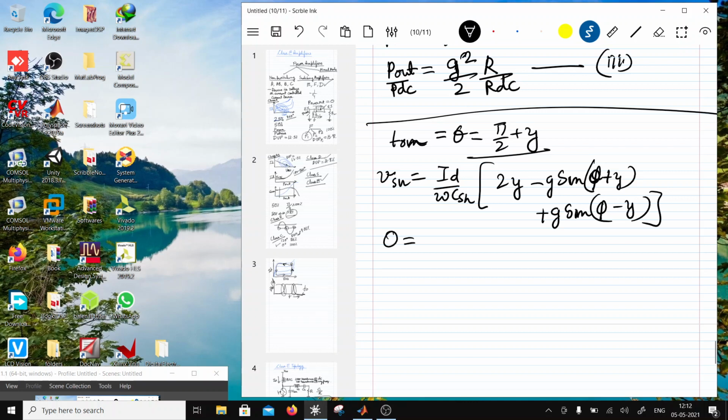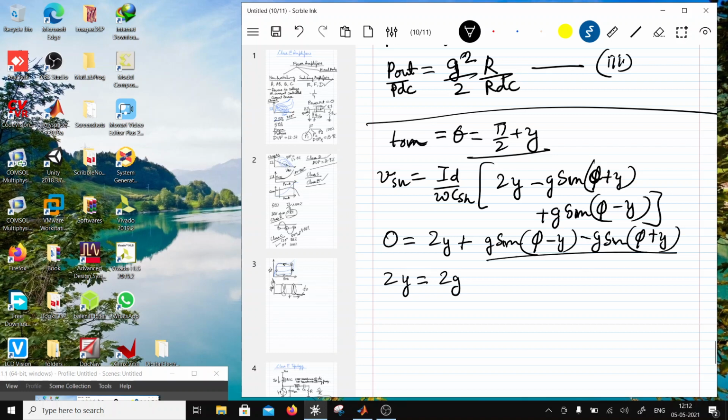So this 0 will be equal to twice of y plus G sine of phi minus y minus G sine of phi plus y. Okay, so now I can say twice of y would be equal to twice of g.